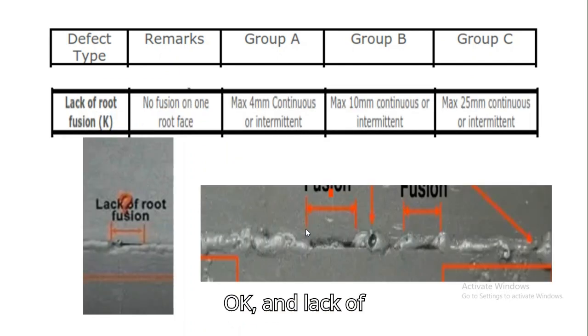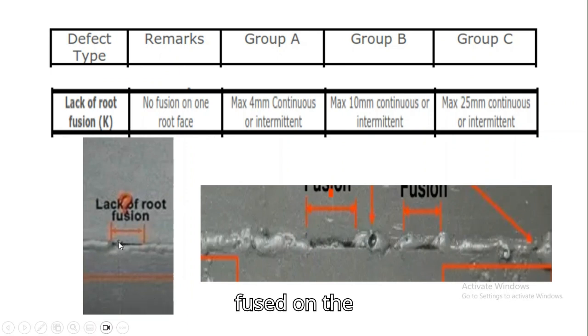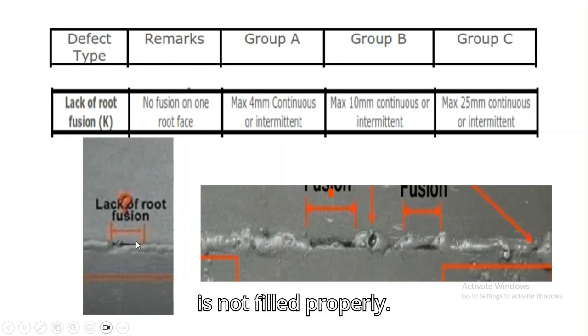Okay, and lack of root fusion. No fusion on one root face. Here you can see that weld metal is not fused on the face of the root. This is a face. It's not filled properly. You can notice near the groove that it's not filled properly.